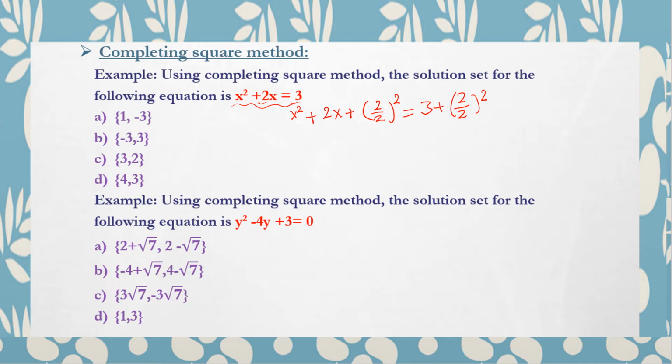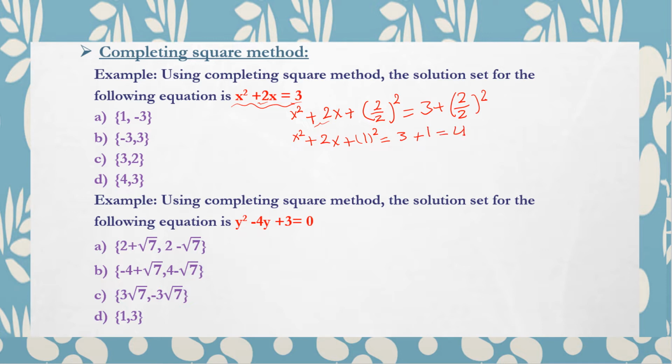We should add a term, which is b over 2 all squared, and we should add this term on the left-hand side and the right-hand side. And b here equals 2, so 2 over 2 squared equals 1. This gives x squared plus 2x plus 1 equals 3 plus 1, or 4.